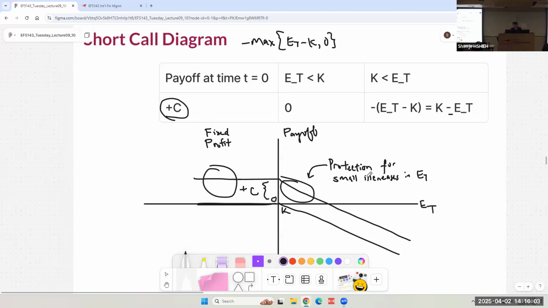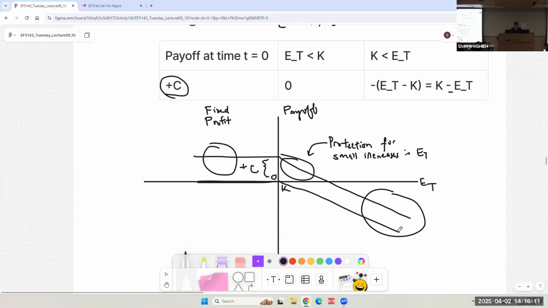But the cost of this fixed profit plus this protection for small increases, of course, is that for large increases, I am still exposed. Exposure to large increases.